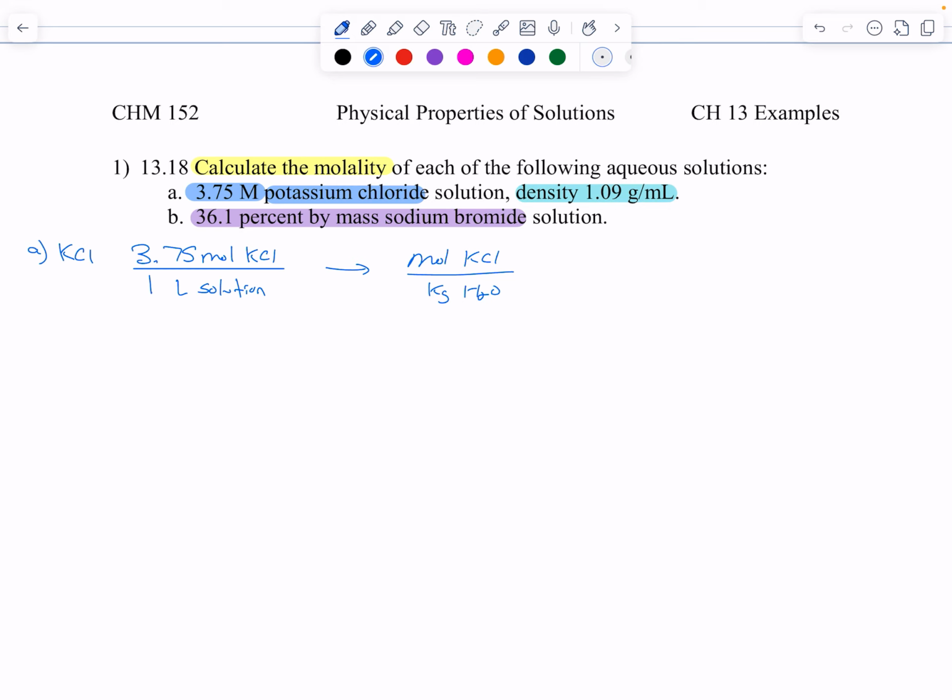All right. Well, let's find the mass of 1 liter, because we don't have an amount. Neither one of these have amounts, so there's no amounts here. So we're going to start with a mass of 1 liter. We're going to assume 1 liter.